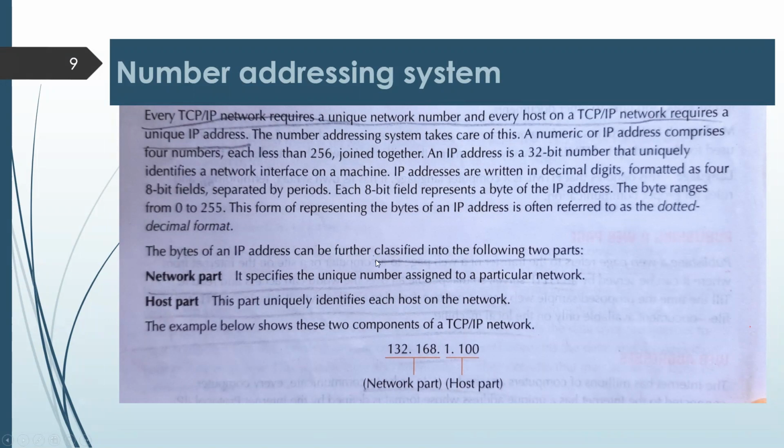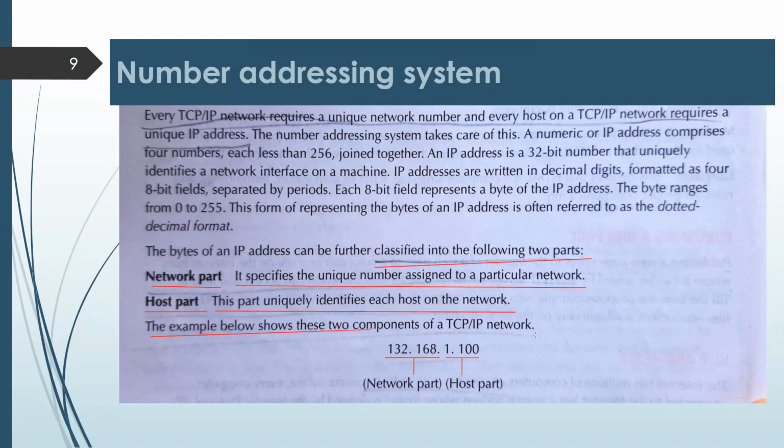That address is classified into two parts: the network part and the host part. The network part specifies the unique number assigned to a particular network, and the host part uniquely identifies each host on a network.